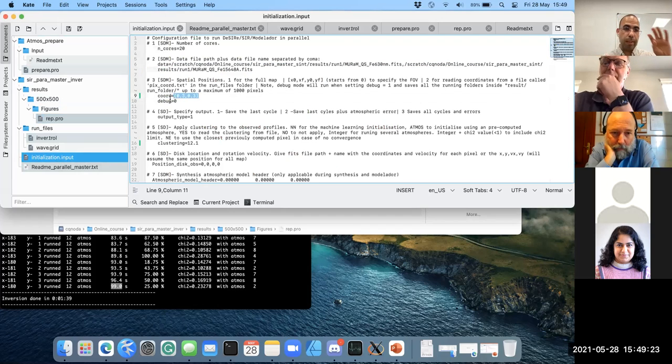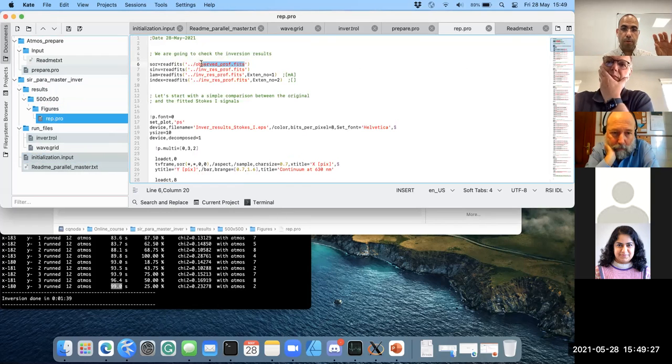So what we are saving in this file are those 16 original profiles, so you can really know what was the input and what is the output. The observed profiles in the previous example were 16, now it's 500 times 500. Then these are the embedded profiles. And as I said last week, the wavelengths and the index are extensions of the FITS file, so you can read it this way.